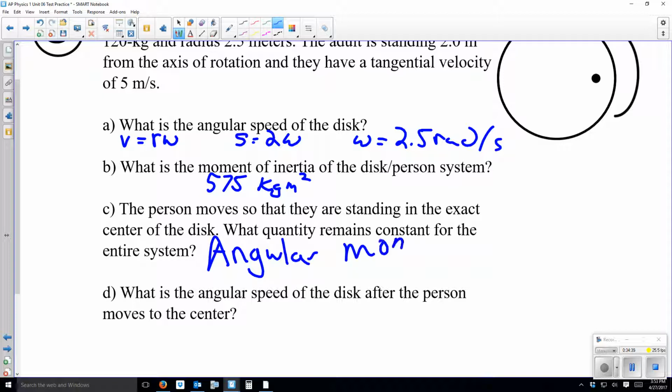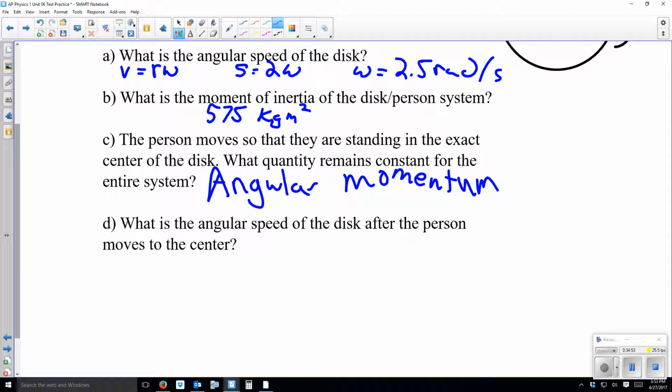So it says, what is the angular speed of the disc after the person moves to the center? And that's another calculation involving this moment of inertia, but we will skip that. The new moment of inertia final is actually 375.